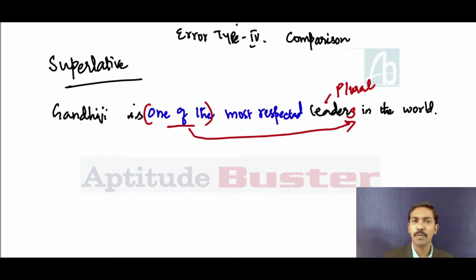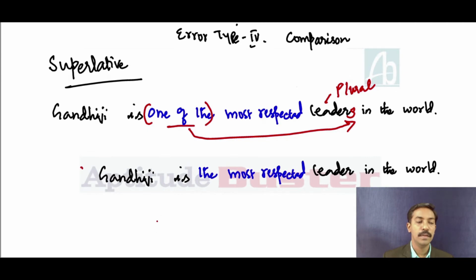This alone you please remember. And this is one of the most frequent question types in spotting errors. If you need further clarification, the same sentence means, of many respected leaders in the world, Gandhiji is one of them. The meaning of the sentence can be changed like this. If we say Gandhiji is the most respected leader in the world, here when there is no one of the, the most respected leader in the world has to be in singular form.